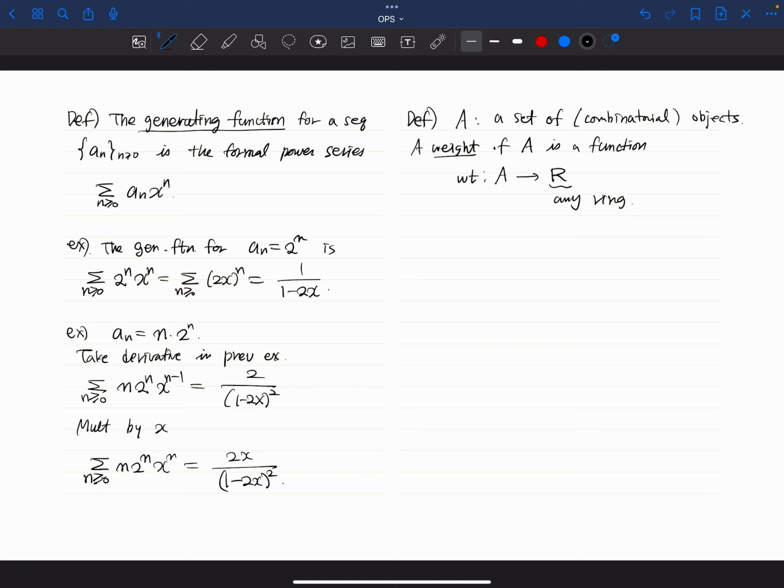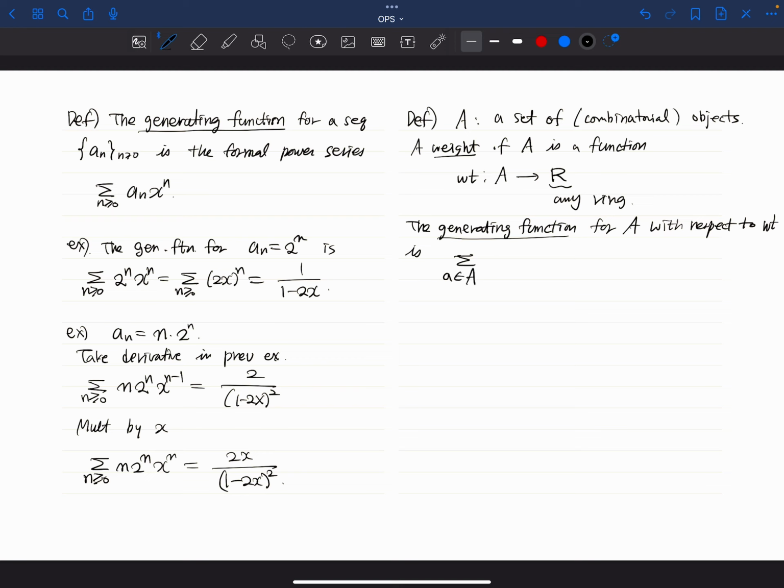And the generating function for this set with respect to the weight function, Wt, is the formal power series of this form.